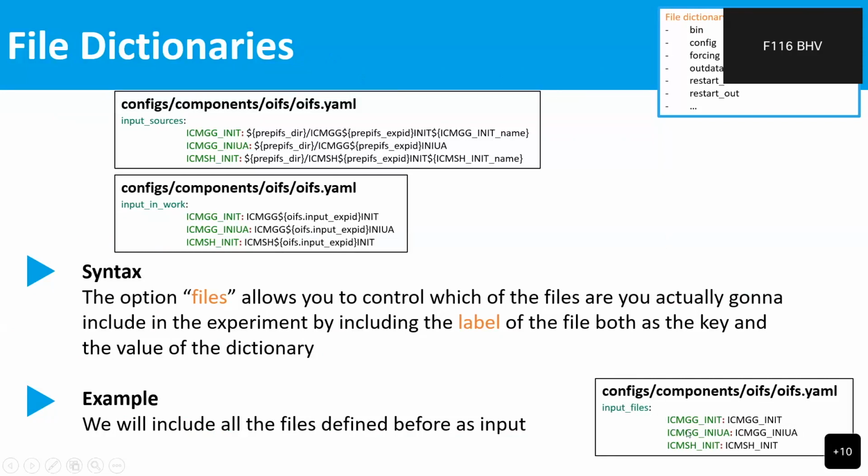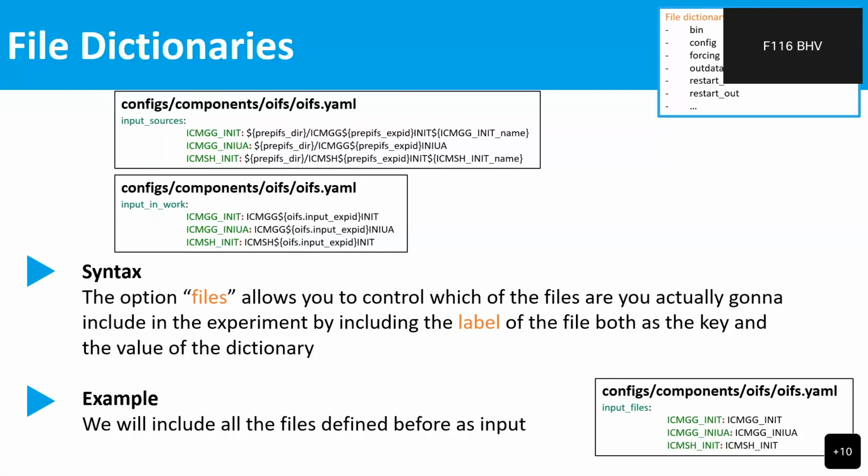And what you are saying here is, I want you to include in my experiment folder, copy this file into the work directory, this one, labeled as here, with the source and the target. Perhaps in a practical example, let's say you have forcing files for different SSP scenarios. You want to define them all ahead of time.